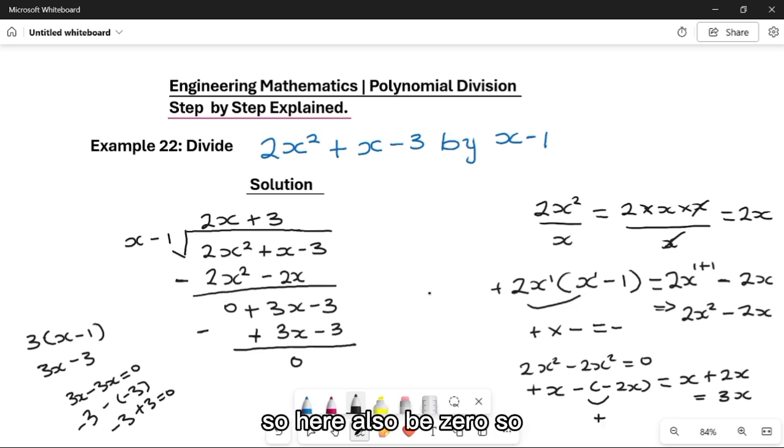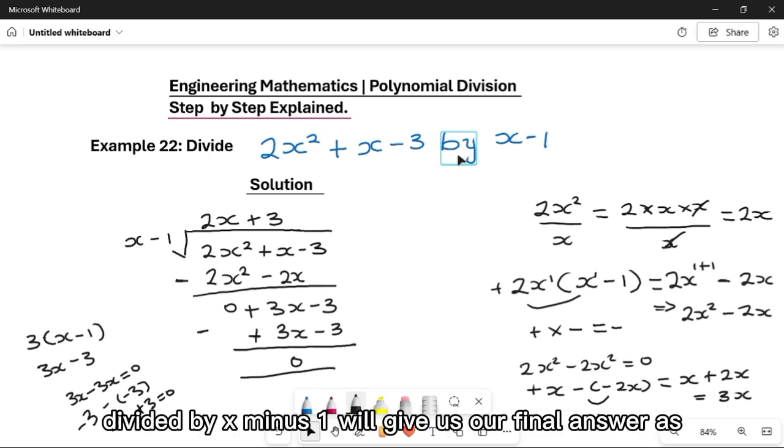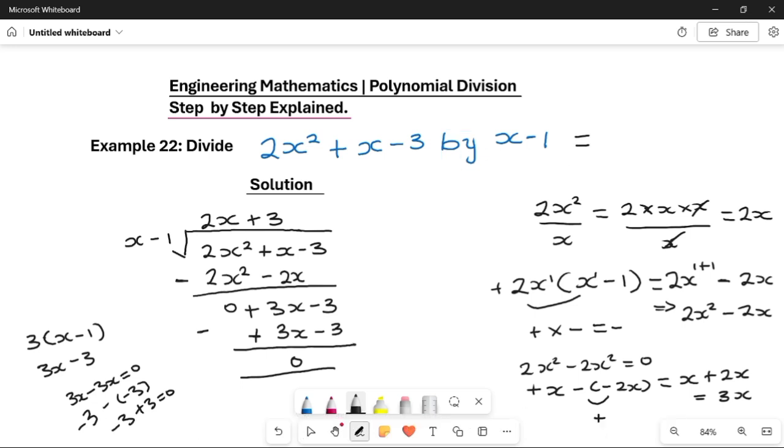So here will also be 0. So we have that 2x squared plus x minus 3 divided by x minus 1 will give us our final answer as 2x plus 3, which is this over here.